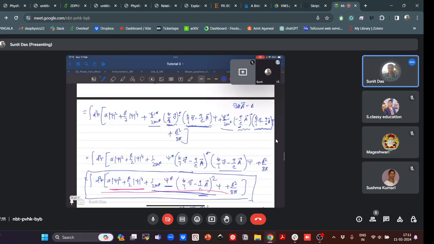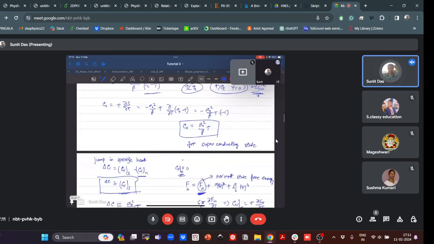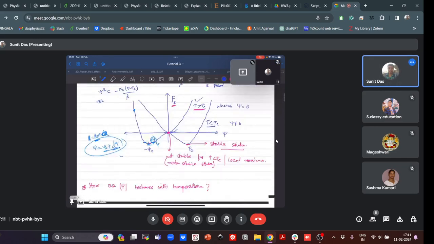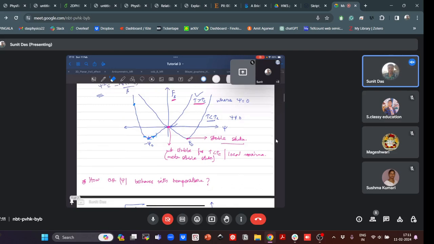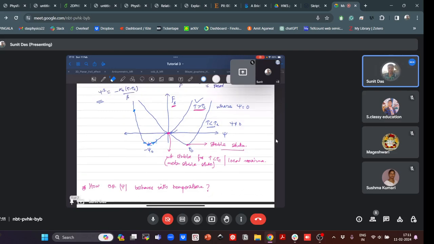Again, let's go back to this Landau free energy diagram. We'll understand it in terms of psi, because this is the plot here, right? The free energy of the superconductor versus psi plot is there.